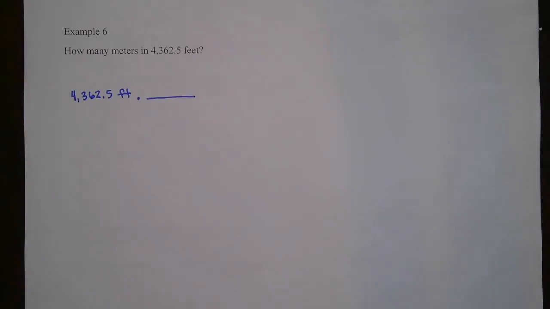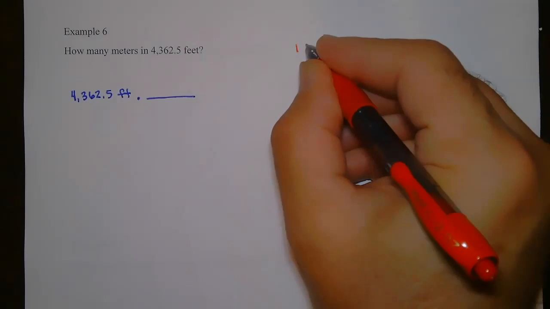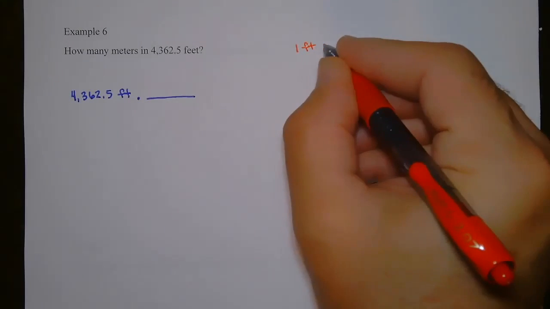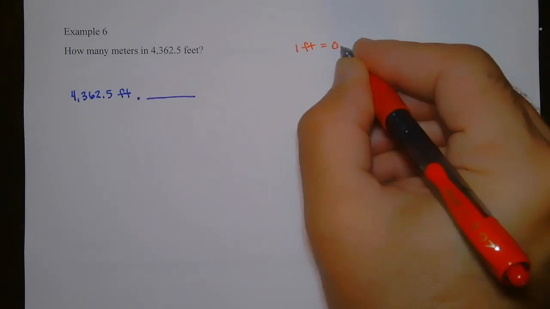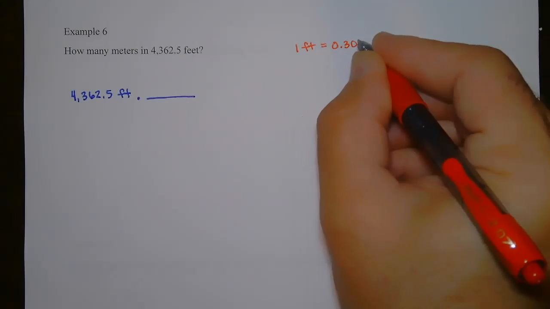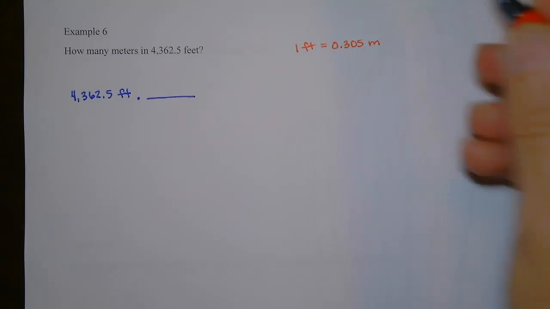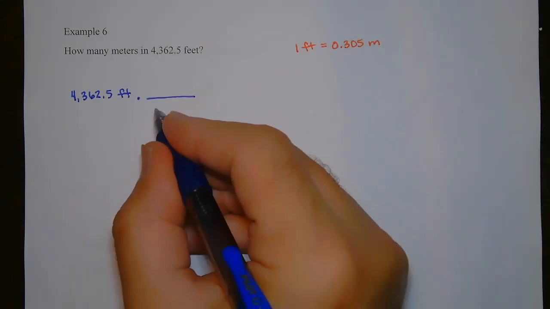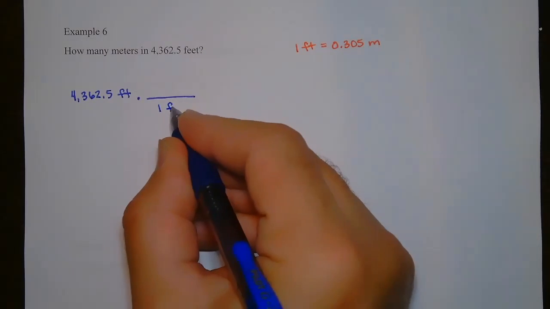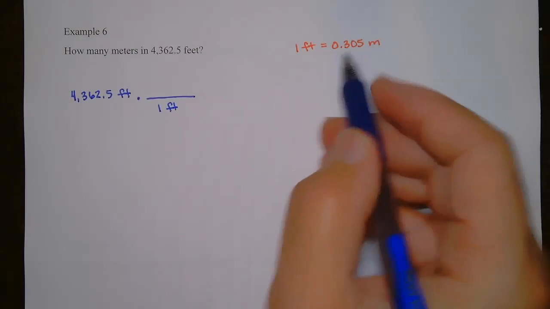So what I know is that 1 foot, let me write it right here, this is a conversion factor I'm going to need. 1 foot is equal to 0.305 meters.